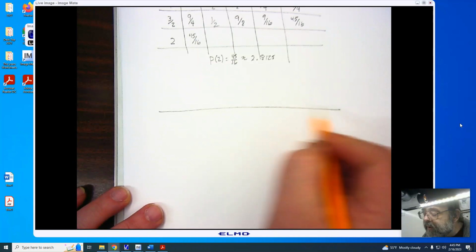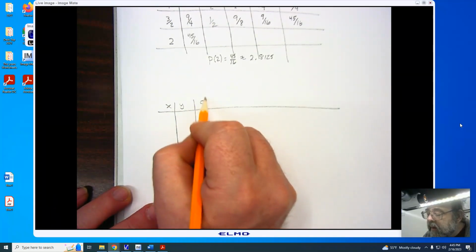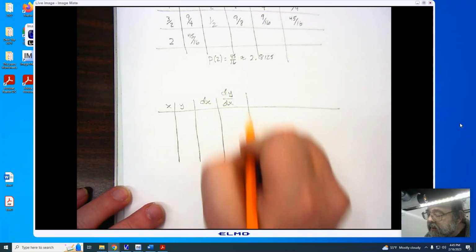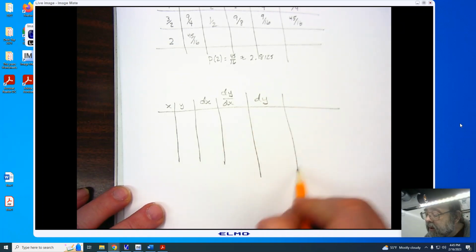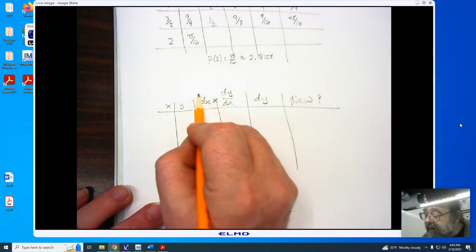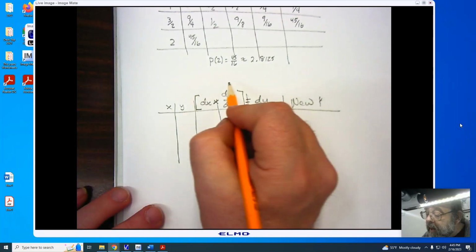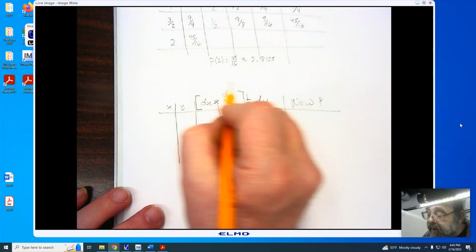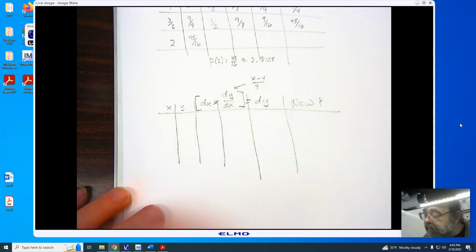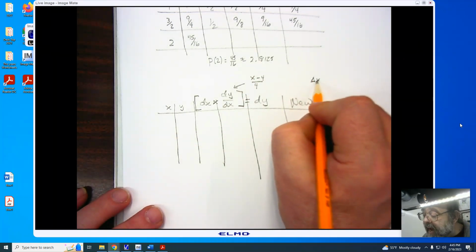Once again, we always start with the same chart: x, y, dx, dy dx, dy, new y. These two are multiplied together in order to get dy. They told us that dy dx was (x minus 4) divided by 4. Now I'm finding my delta x.